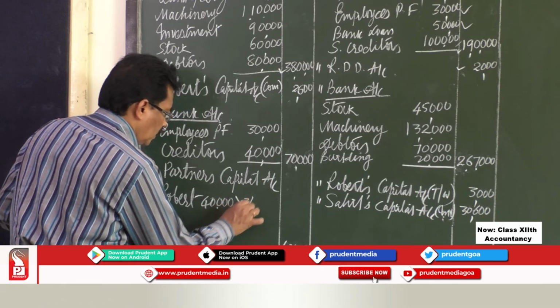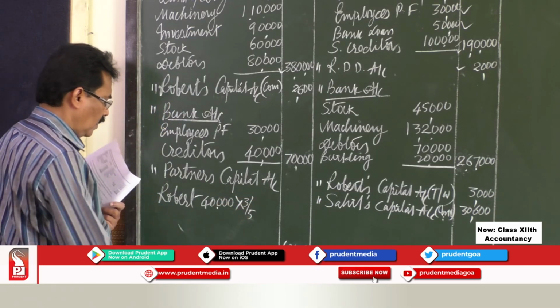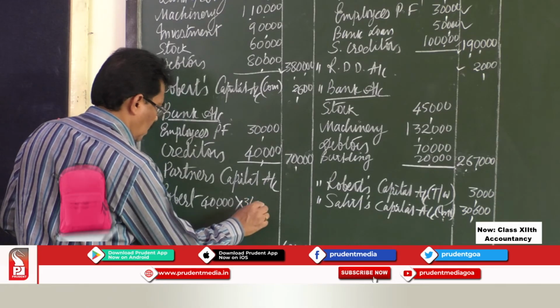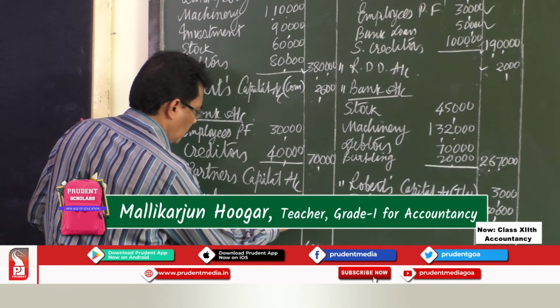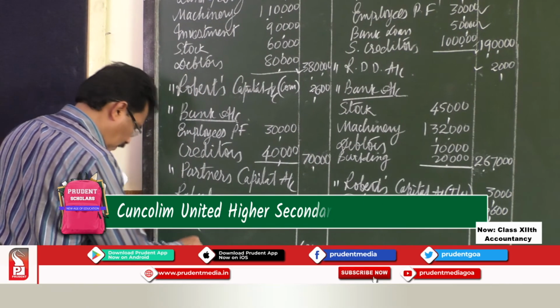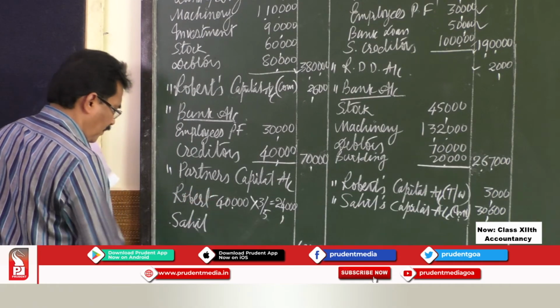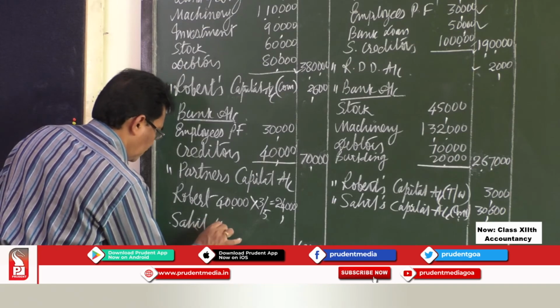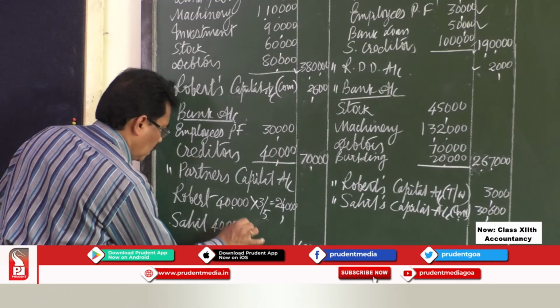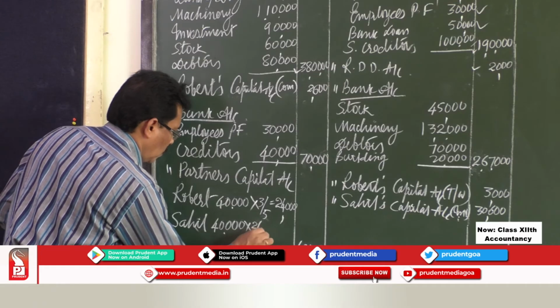So 3/5 of this comes to 24,000. Then for Sahil, rupees 40,000 into 2/5.